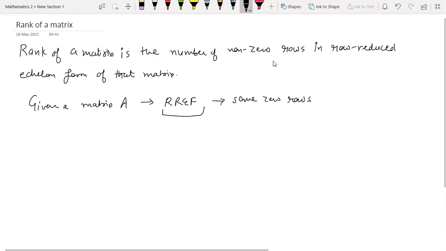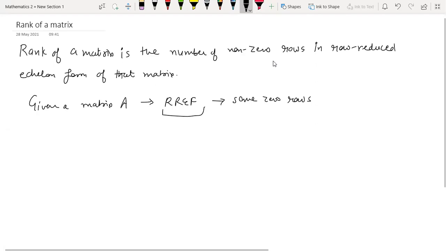If you recall the examples from previous lectures, in one example no zero row was created, and in another the zero row was created. So you just need to count the number of non-zero rows in the row reduced echelon form. That will be the rank of the matrix.